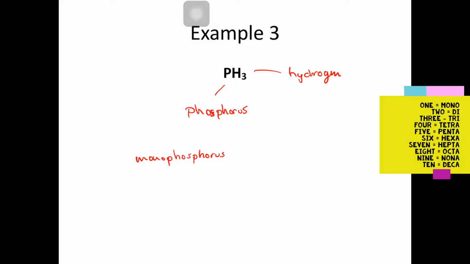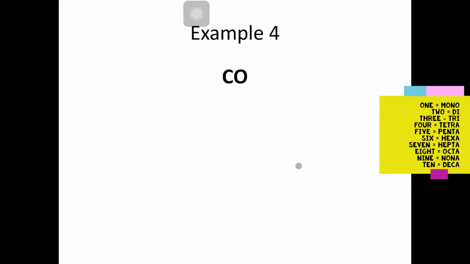And so the prefix for 3 is tri, hydride. And again, we can remove the mono at the start of phosphorus. So it can be phosphorus trihydride. And there's our final answer. Let's have a look at another example.